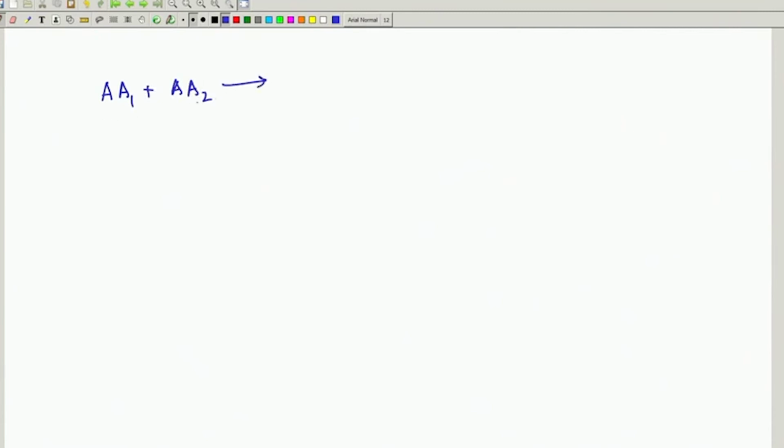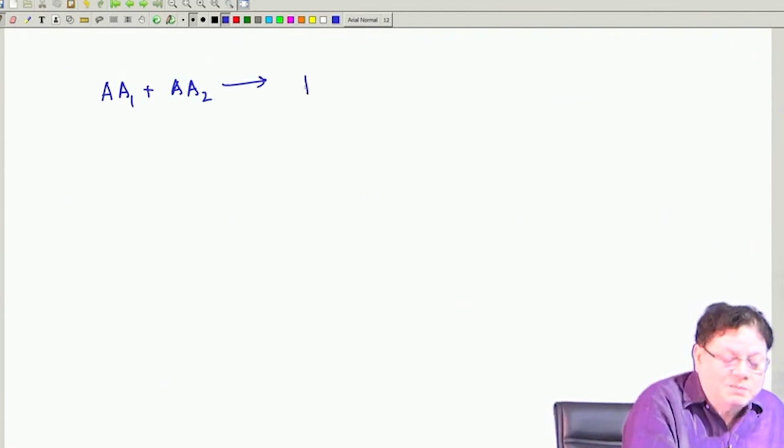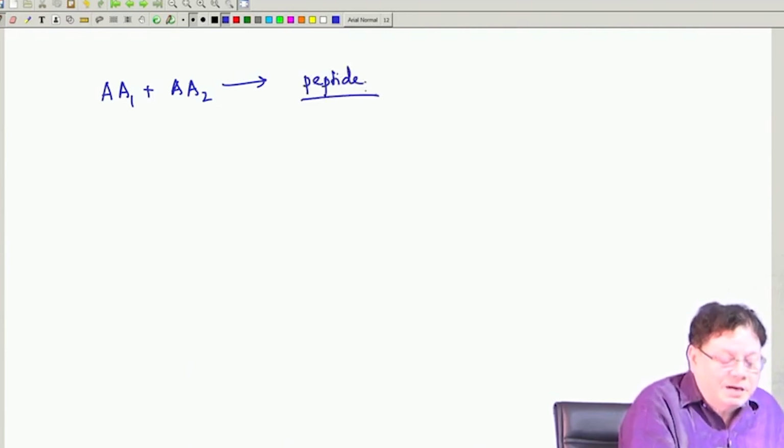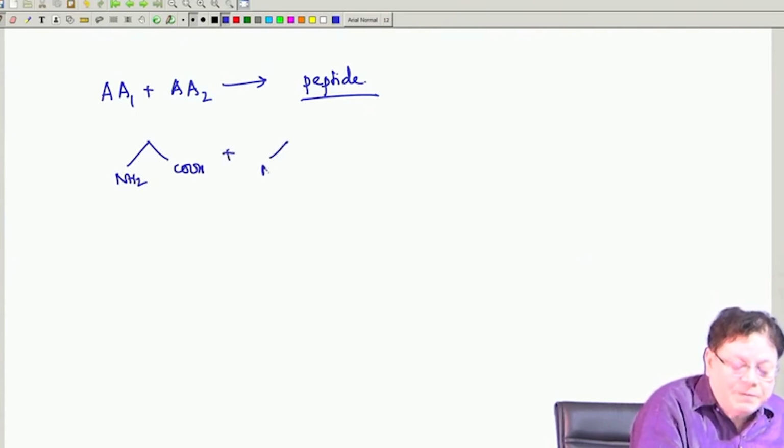So, that means 2 amino acids are combining, and that gives what is known as a peptide. Let us give some examples. Suppose glycine and say alanine, NH2, CO2H, and there is a CH3.